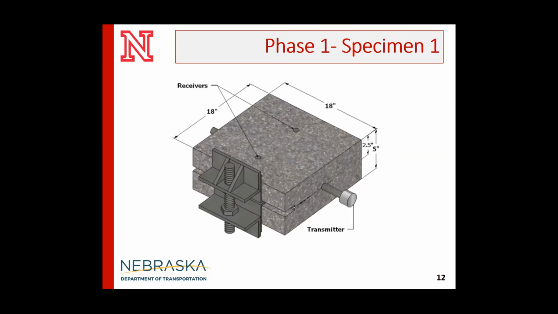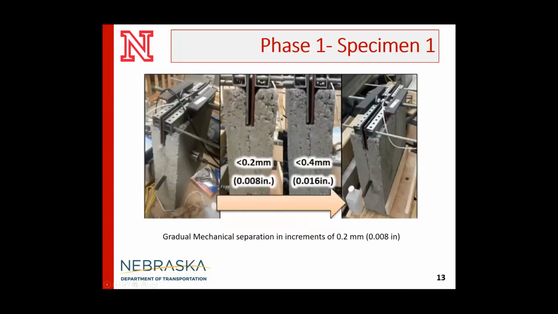We put a little laminate at the start of that little notch and put two plates with threaded rod and washer. So slowly, manually, these plates were separated to create a delamination right at the rebar level. We came up with this. We were nervous. Is it going to work? Is it not? To our delight, it did work.